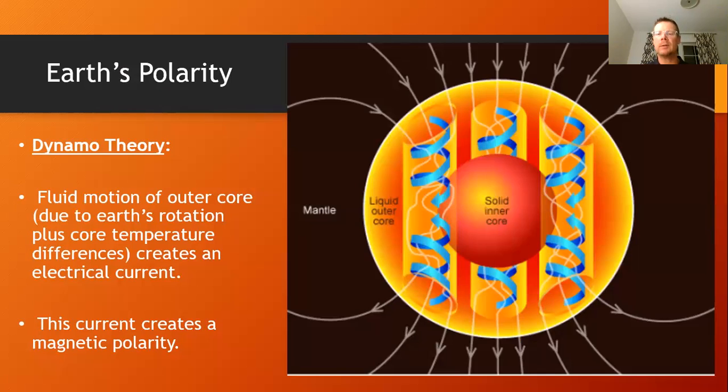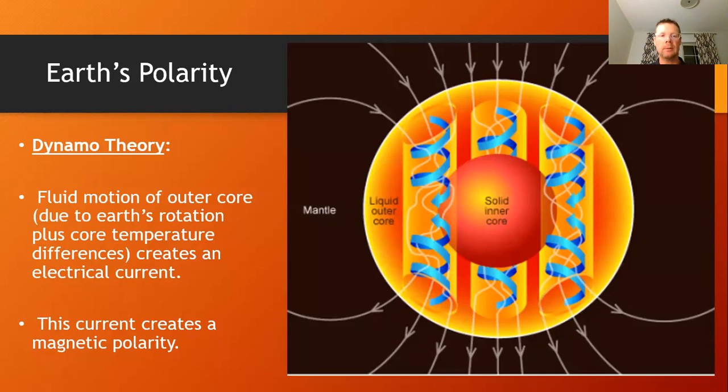Now, there are 2 theories, and you'll read this in your textbook, of why our Earth is magnetic. We tried to mimic this particular version in lab last week when we wrapped a nail in electric wire, and then we added an electric current to it using a battery. And that's the dynamo theory.